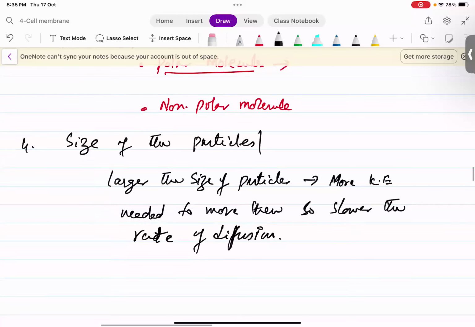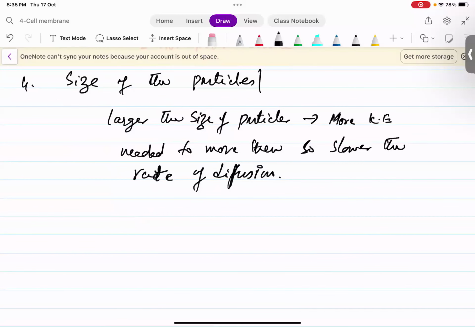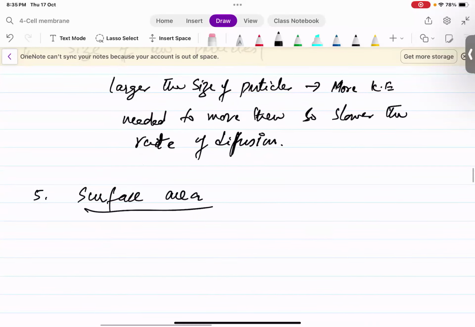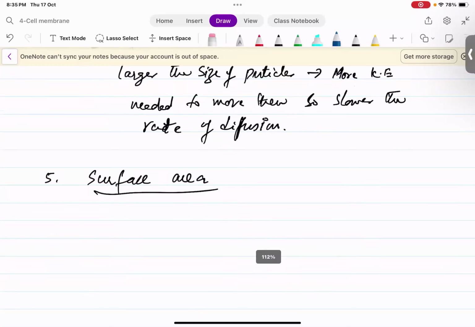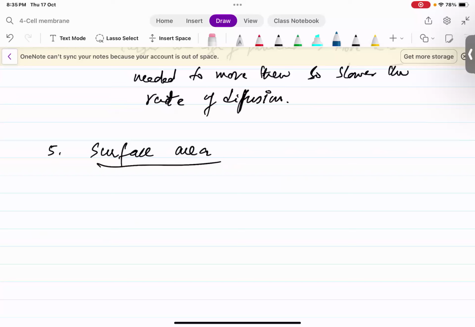Then we have surface area. The more the surface area, the more surfaces there are for the molecules to cross through, so the higher the rate of diffusion.